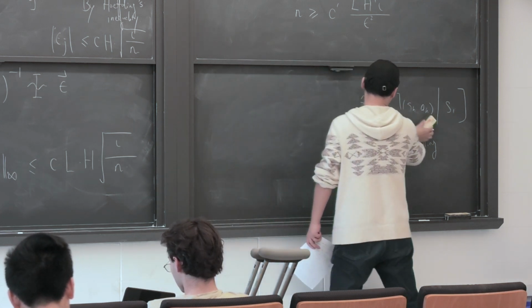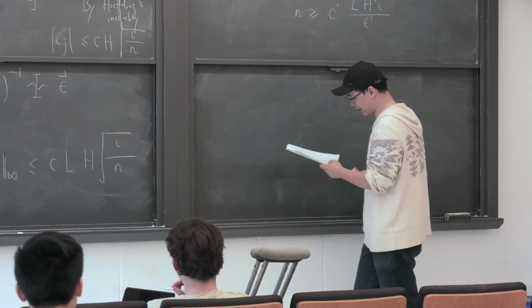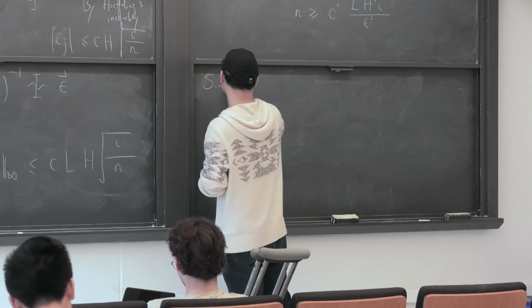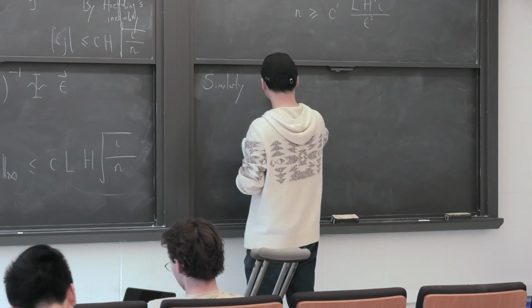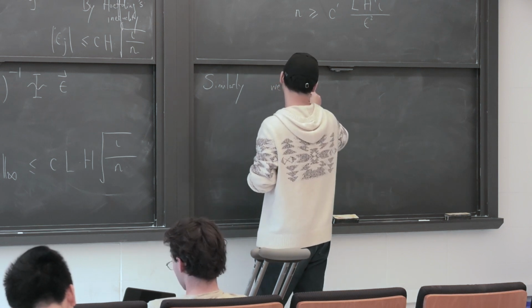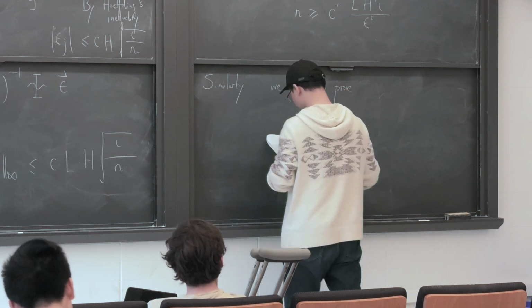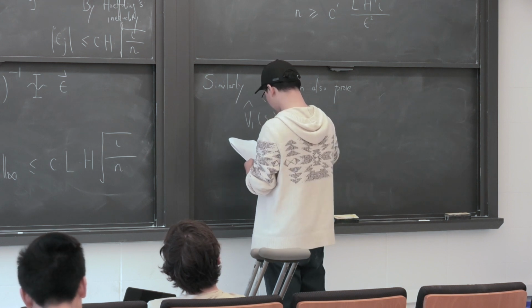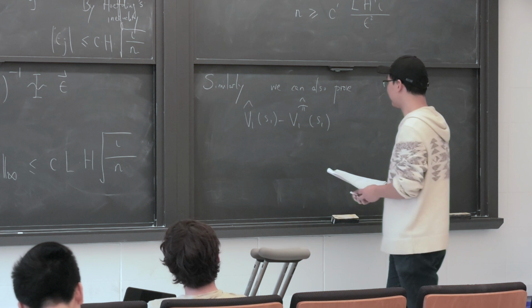And similar to the simulator setting, this is one half of it, and the other half is mostly the same, so I'll skip the details. Basically, similarly, you can also prove that VH V1 hat S1 subtract V1 pi hat S1.